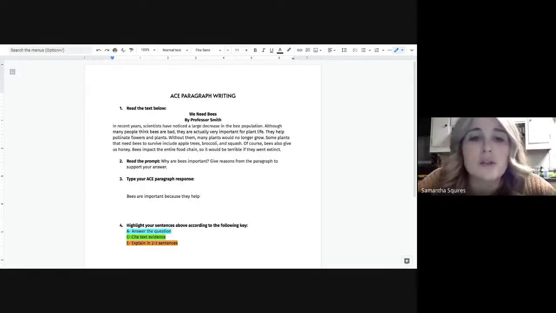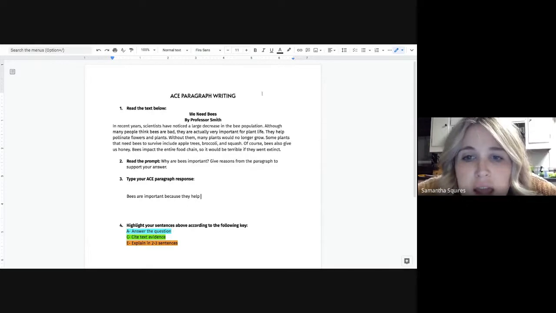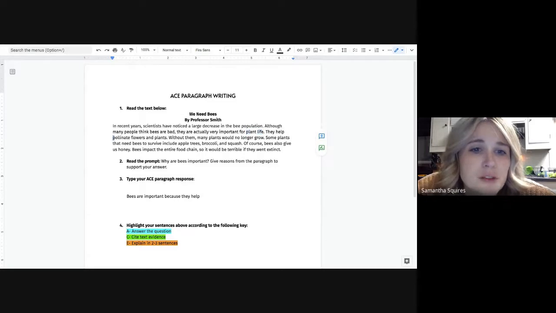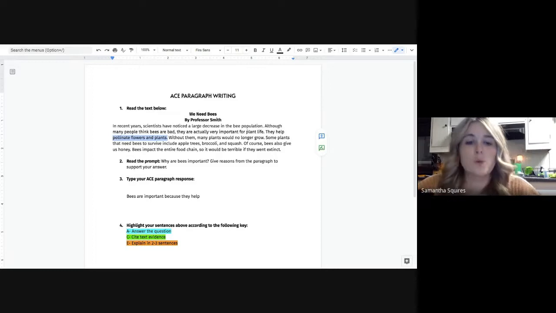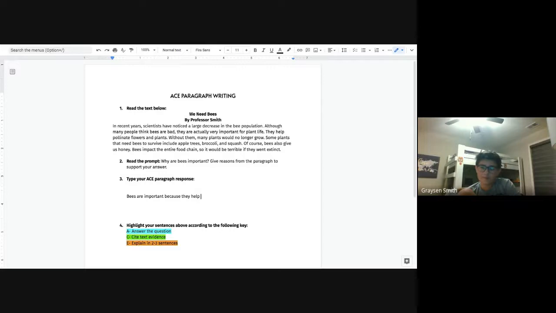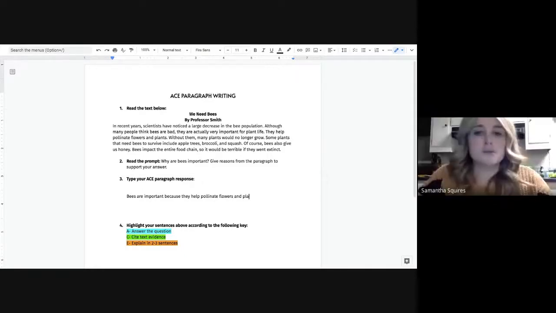Could we narrow it down a little bit? You could say they help this, or they help this. What would you want to put? They help plant life or pollinate flowers and plants? They help pollinate flowers and plants. Perfect. Works for me.